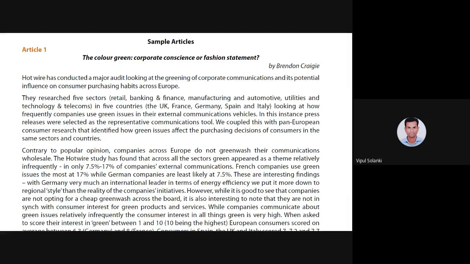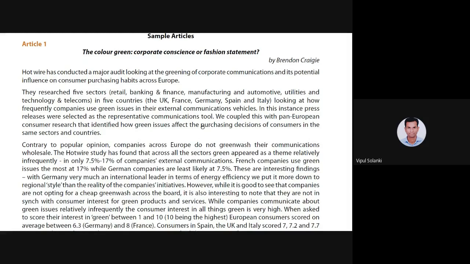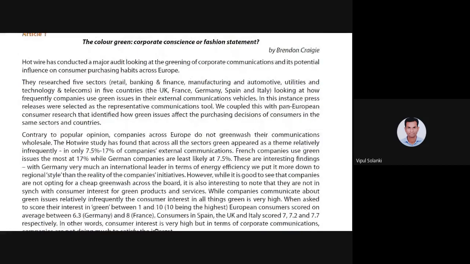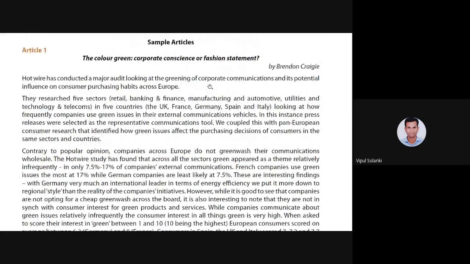Right. All right. Fine. So with this note, let us go to article writing. Let us read one or two sample articles so that we understand how to write an article and what an article looks like. Now let us read this article 1, the color green, corporate conscience or fashion statement.